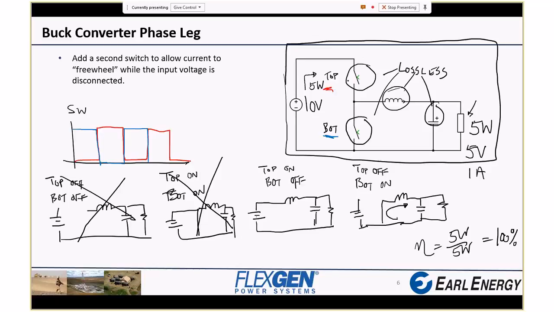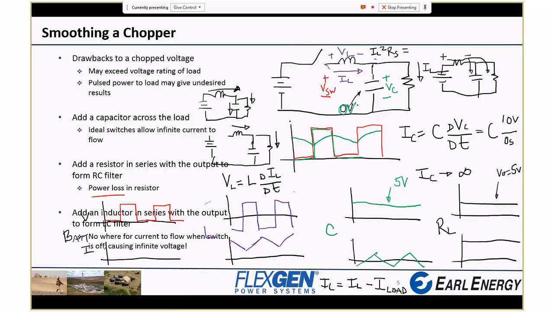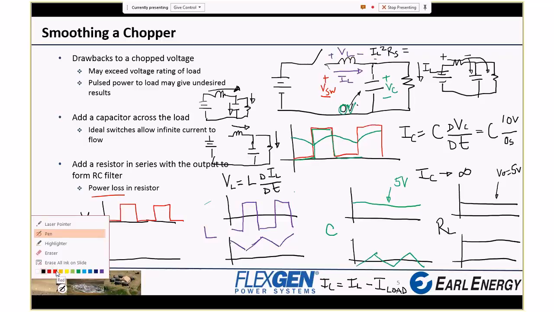Let's take a step back and talk about the battery, the input, a little more. So I left this blank, right? So when you end up here, the battery current when the switch is off: the battery is disconnected from the circuit, so his current is 0.